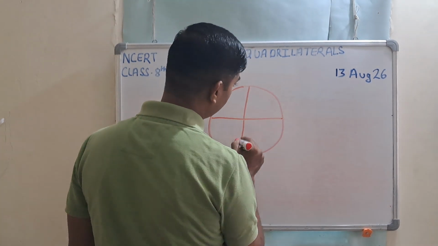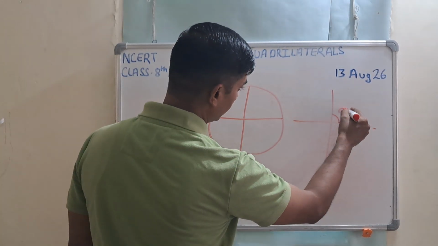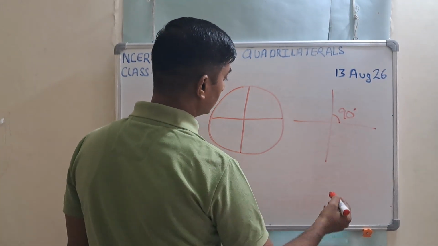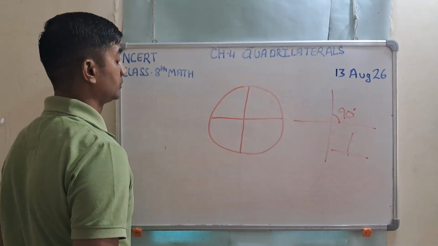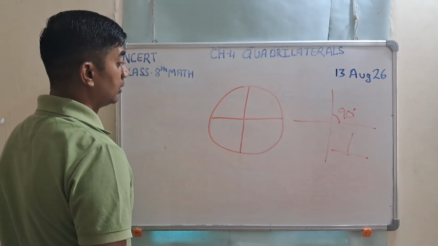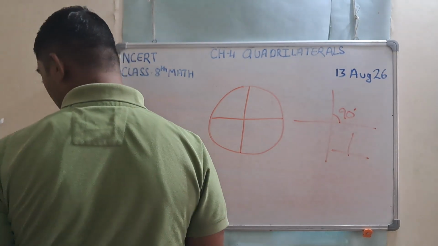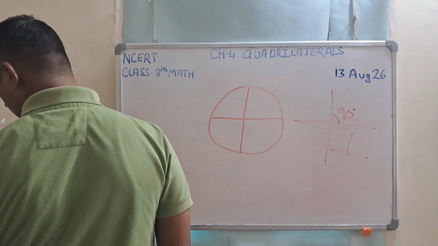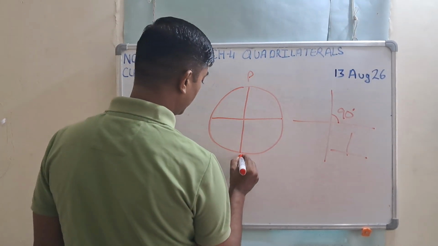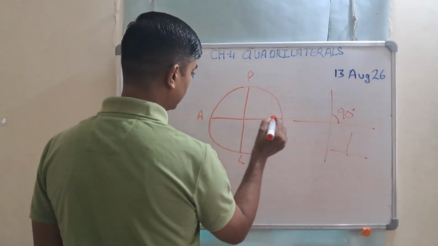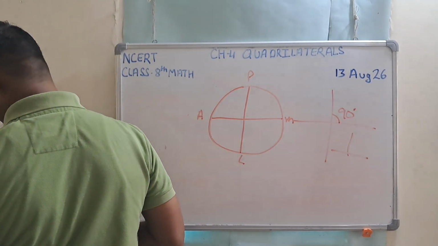Perpendicular means this is 90 degree. When two lines are perpendicular, the angle between them is 90 degree. Understood? And we mention it with this symbol, perpendicular. And what are the names of the endpoints? PL and AM.